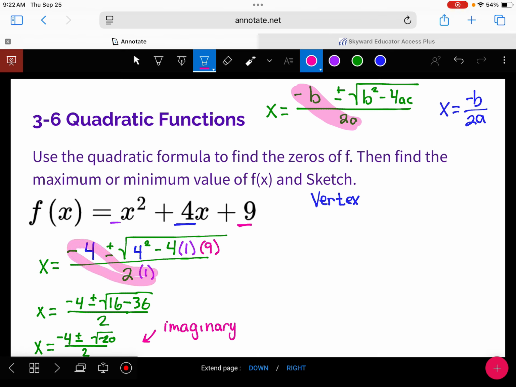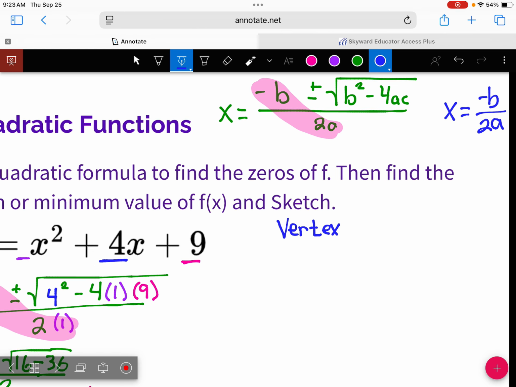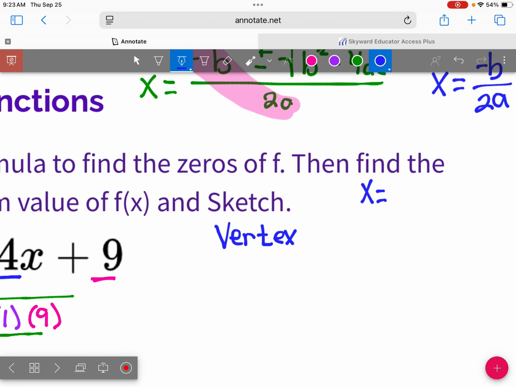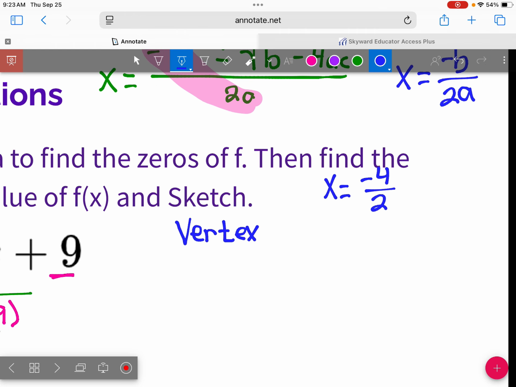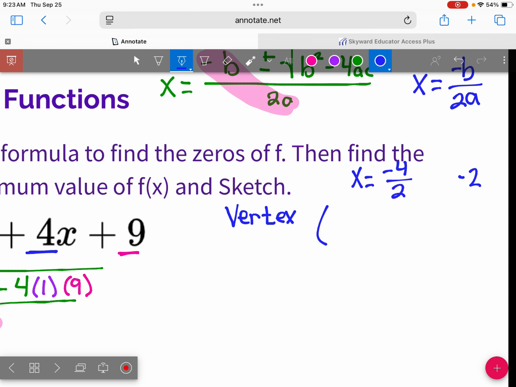So this is the pieces we need for the axis of symmetry for that x value of our vertex. So we're going to have our -4 over 2. So what's the x value of our vertex? -2. So our vertex is going to be at the point -2, something.